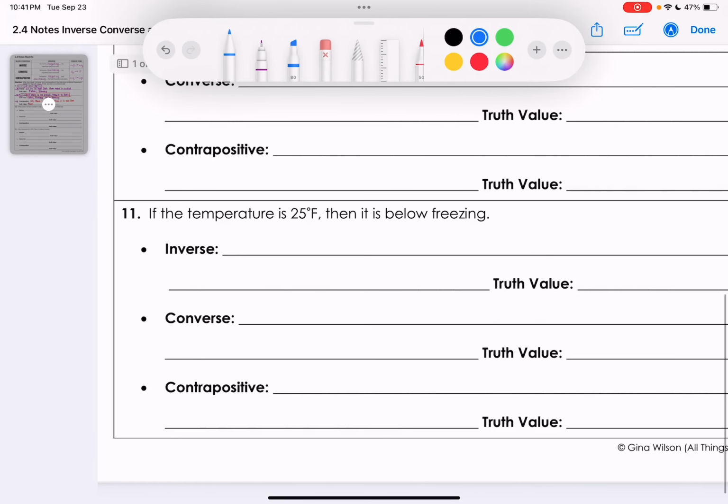Let's do this down here. So here is my hypothesis. This is my conclusion. So I'm going to say the inverse, I'm going to keep it the same order, and I'm going to add nots to it.